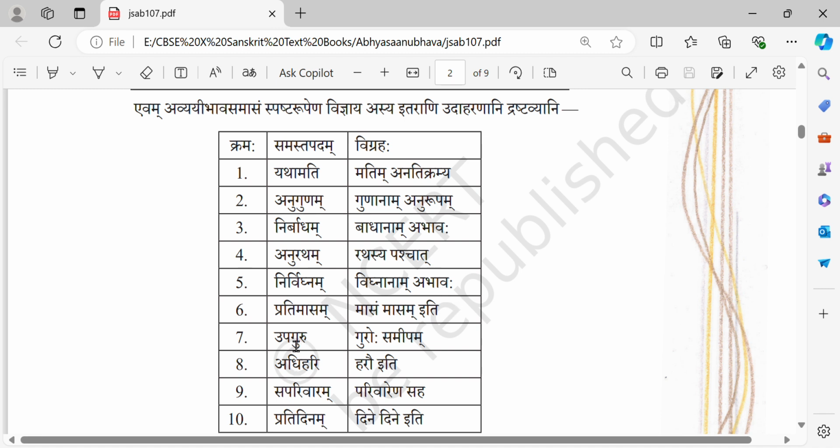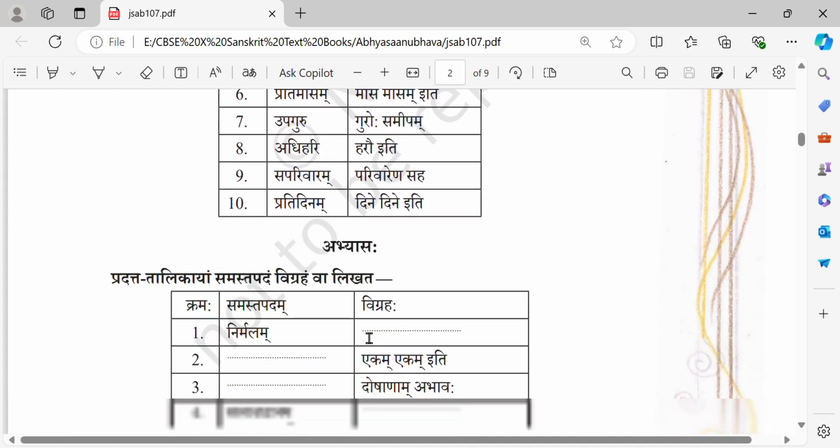Prati is also upasarga. Upa is also upasarga. Then adhi, avyaya, then sa, used in the meaning of saha. So this is the format which you have to follow.